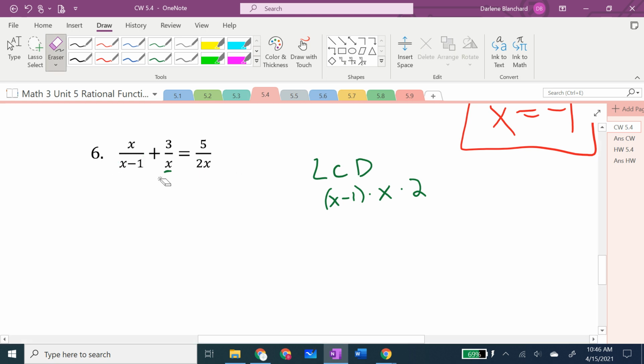So I want to multiply both sides by this least common denominator. I need to make sure that I observe this addition. And I'm going to also highlight the equal sign. And I'm going to multiply both sides by this least common denominator.